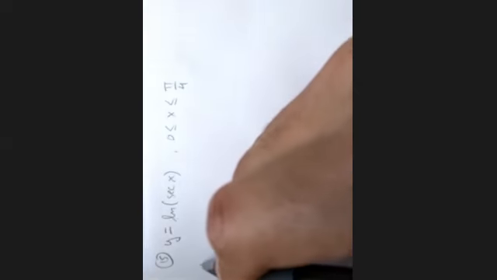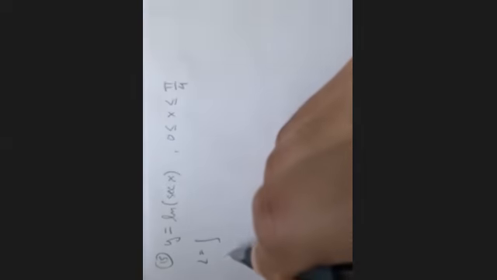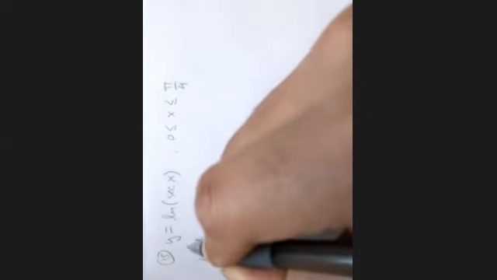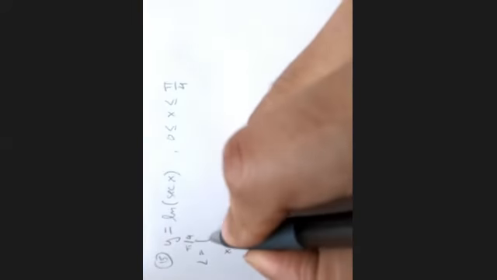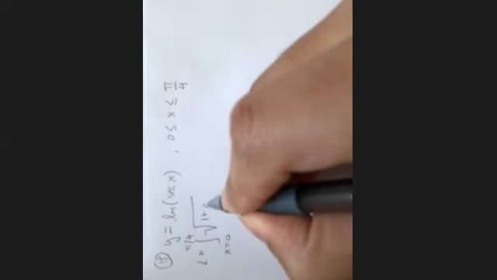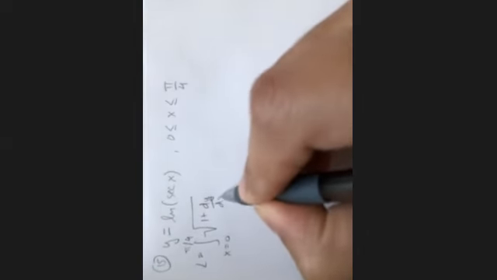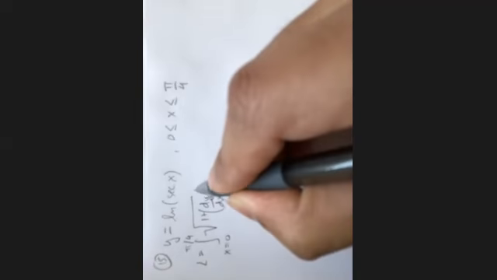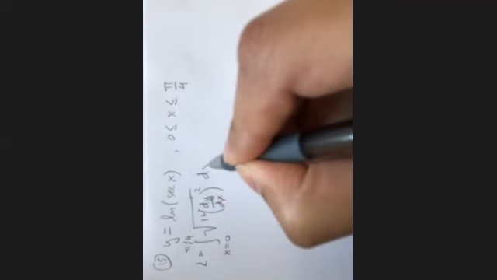The formula for arc length, where the curve is y as a function of x, is the integral of the square root of 1 plus dy over dx squared, dx.